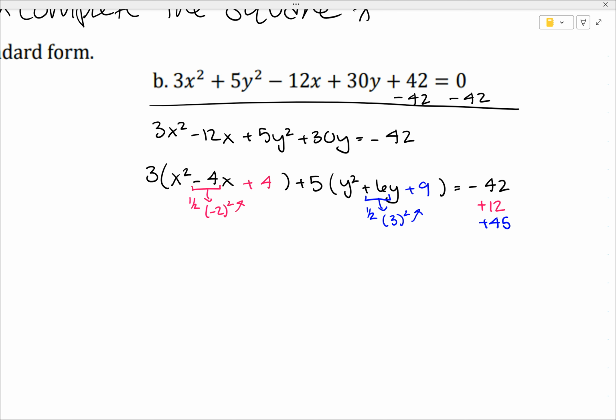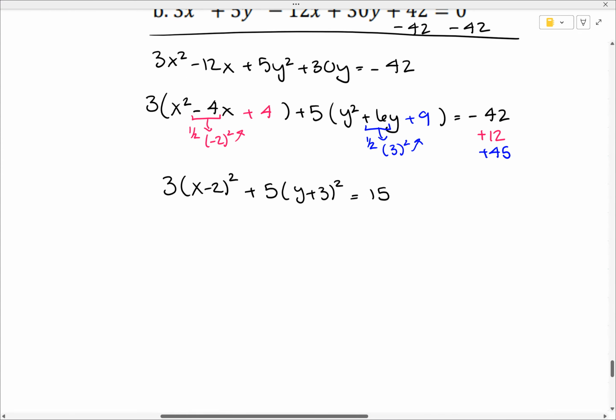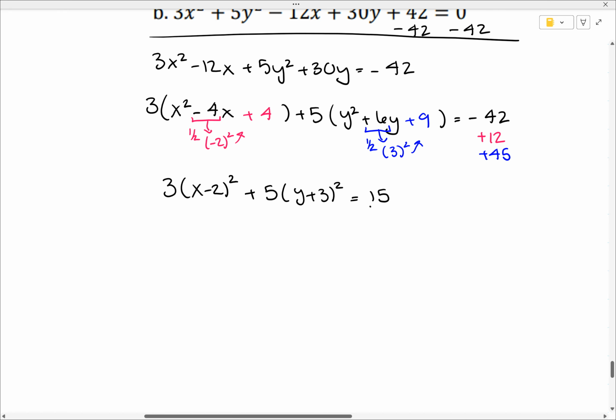Now we have the inside of those parentheses that are factorable. We have 3 times x minus 2 squared, 5 times y plus 3 squared. Add all that up together, we get 15. And then our last step is to make this equal 1. So now you see what I was talking about with the last one where we didn't have anything to reduce down, so it ended up being a circle.